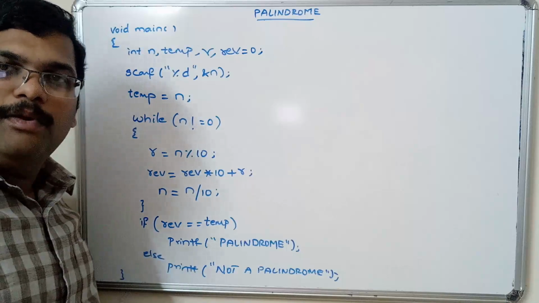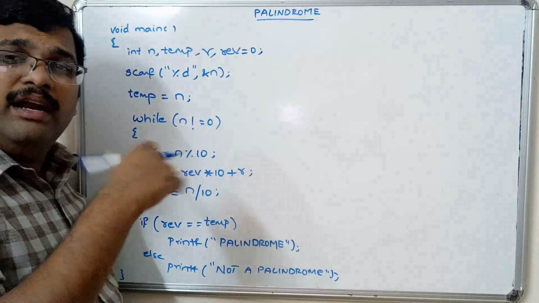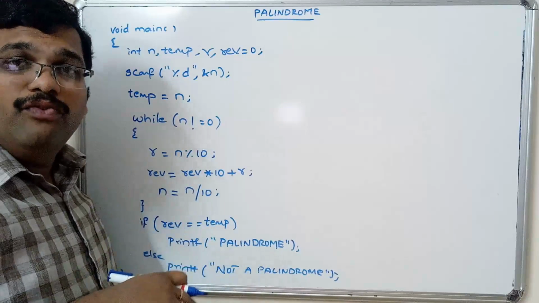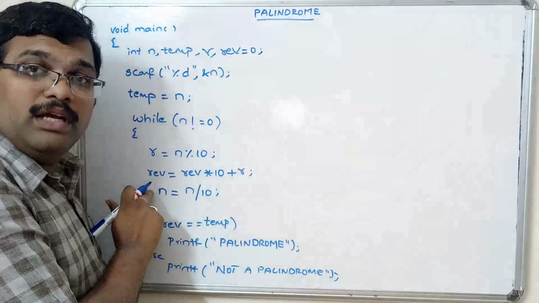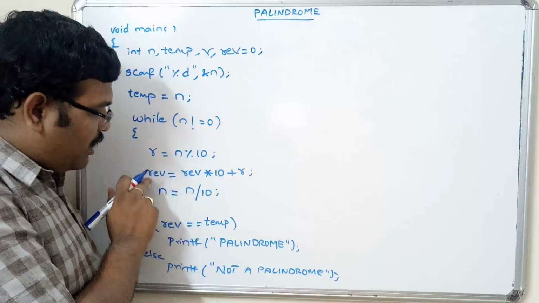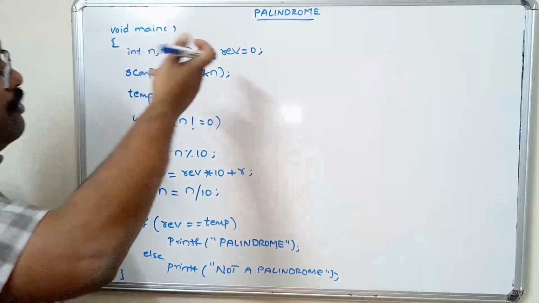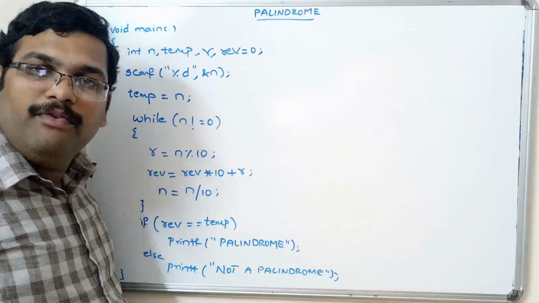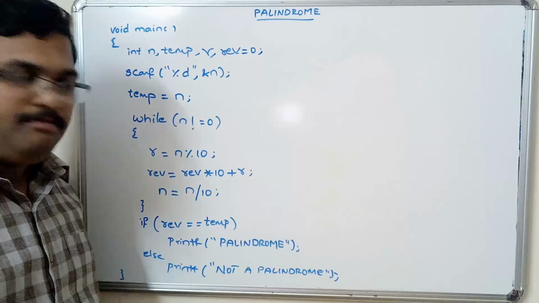An output variable must be declared as 0, because after declaration and before initialization the value will be a garbage value, and here we are directly assigning some value to the reverse, so this reverse variable will be updated with garbage values. So first we have to initialize the output variable with 0. So this is a simple program for palindrome.